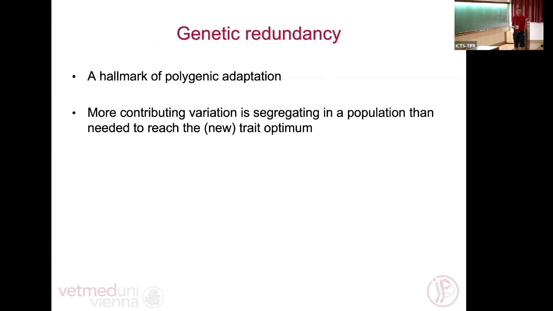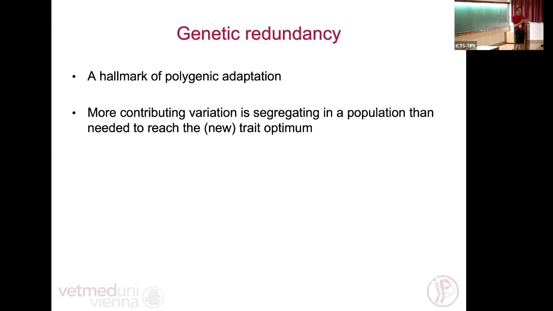So as I said, genetic redundancy is a hallmark of polygenic adaptation. The way we define it is not that there are more loci that could contribute, meaning loci that when they acquire a mutation could contribute to the trait. What we think is that this variation is already segregating in the population that we are analyzing.